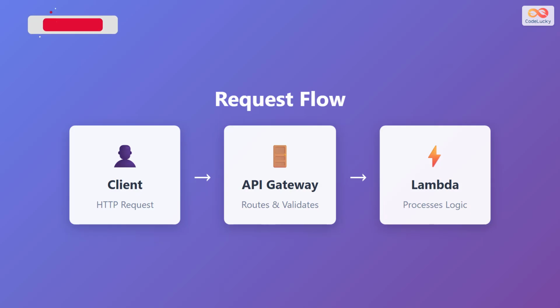After routing, the request reaches your Lambda function, where your custom business logic processes the data. The Lambda function might interact with databases, call other services, or perform calculations. Finally, it returns a response that flows back through API Gateway to the original client.